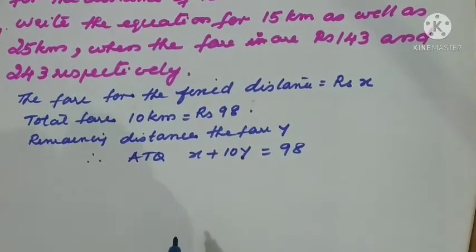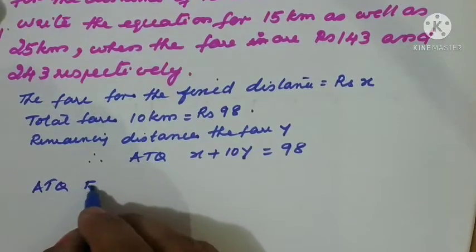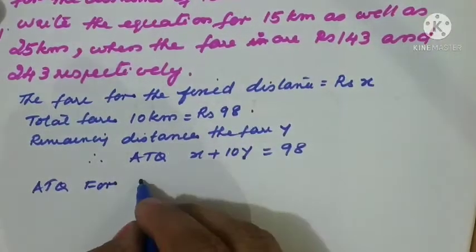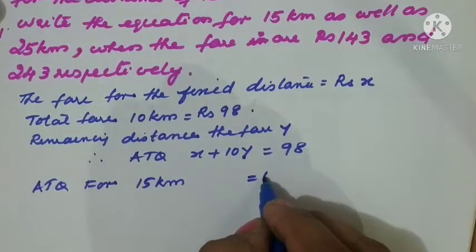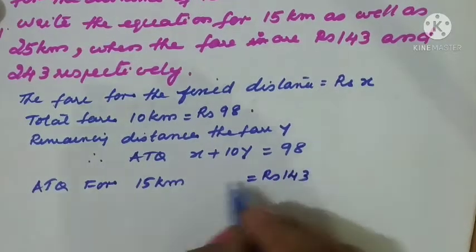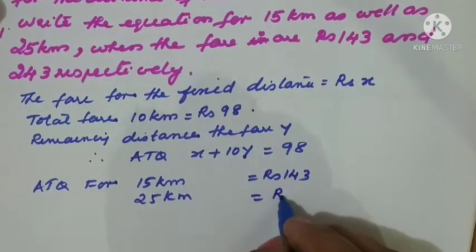Similarly, two more equations are asked according to the question. What are the fares for 15 kilometers and 25 kilometers? For 15 kilometers the total fare is rupees 143, and for 25 kilometers the fare is rupees 243.